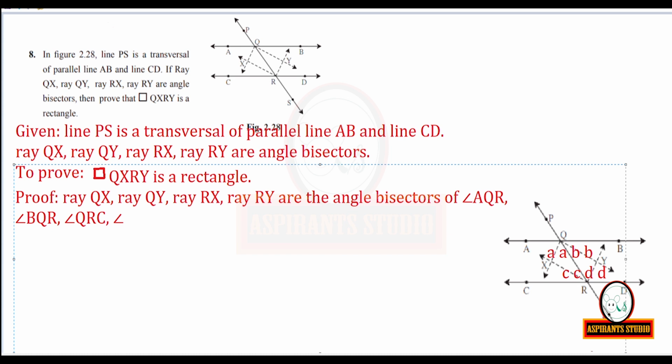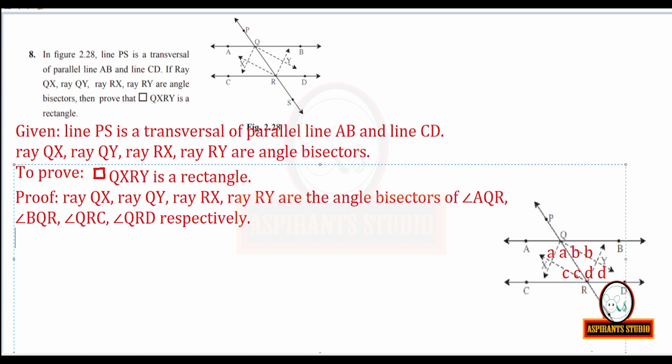So we can write, look at the figure, measure of angle AQX is equal to measure of angle RQX is equal to a. We have taken the equal measures to be a. Because it is a number, we have marked it as small letter a. You can look at the second figure in which the measure a is marked.